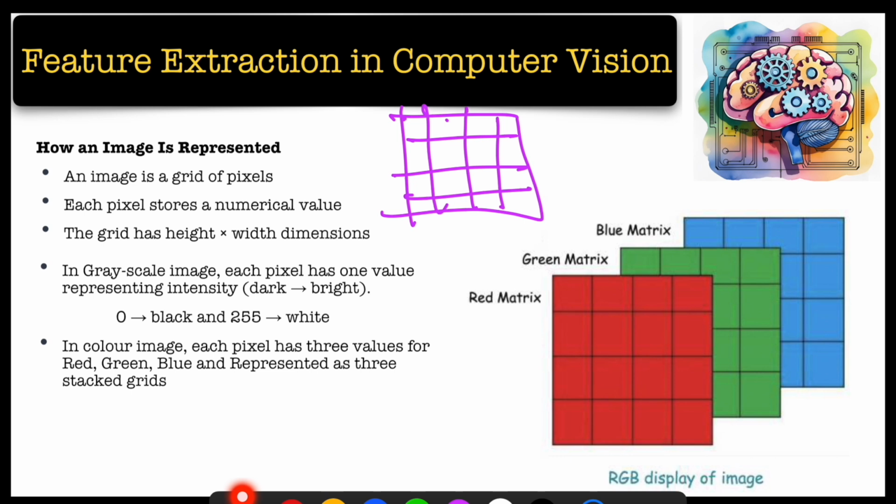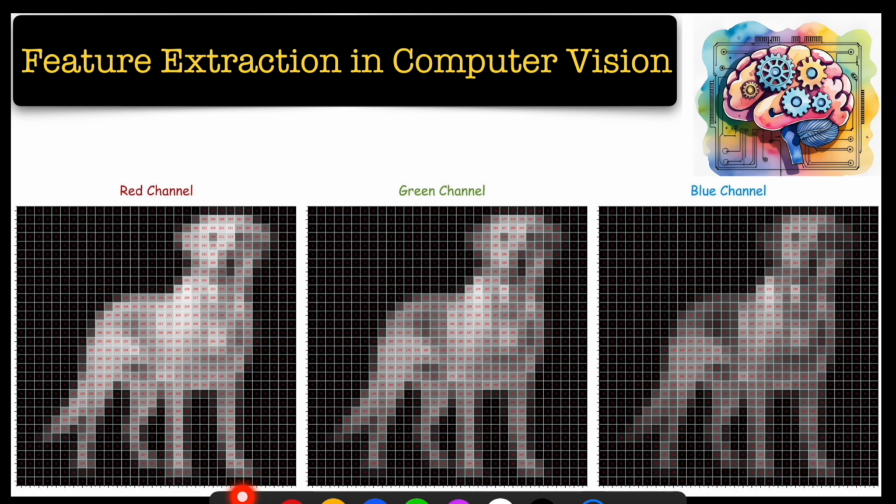If it is a colored image, then each pixel will have 3 values for red, green and blue, represented as 3 stacked matrices. Here also each pixel value determines the intensity of the pixel. So for a dog image, we'll have a red channel, green channel and blue channel separately, and each will give the pixel intensity values.